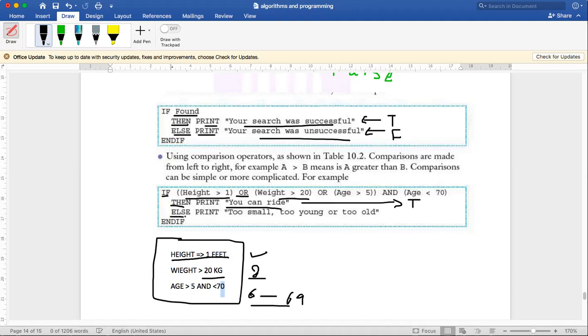Else, if you don't fall in any criteria, 3 things can come: too small, meaning the height is small; too young, like if the child is less than 5 years, 4 years, 3 years, 2 years; or too old, if the person is 70, 71 or more.